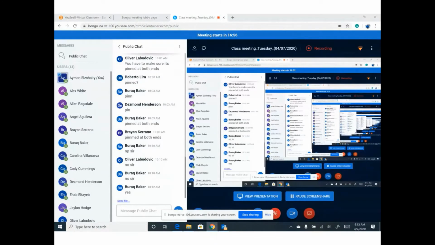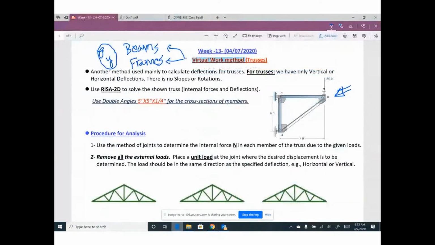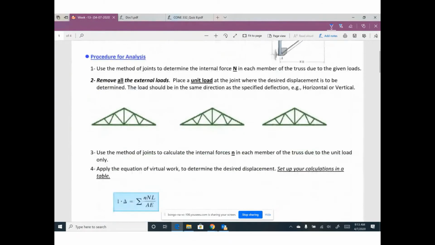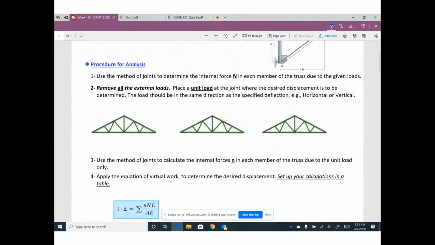Okay, so the target right now: we have a truss, and we need to figure out the vertical deflection at this point, but using hand calculation, using the virtual work method. We have only 4 steps, just for fun. But I will remind you of something we learned in chapter 3.